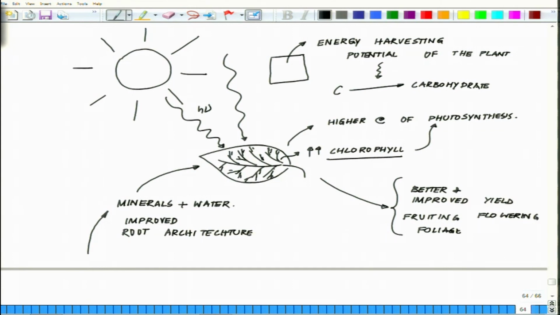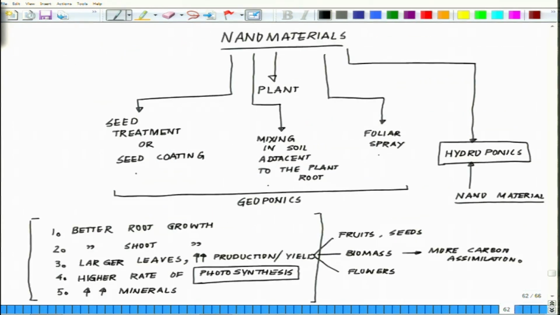If you remember the snapshots I wanted to discuss with you, let me come back to the snapshot again. Here we have a nanomaterial, whether at the seed treatment level, seed coating level, mixed into the soil in a very trace amount, as a foliar spray, or even in hydroponics, and we are seeing better root growth. That is a help for nutrient deficient soils.